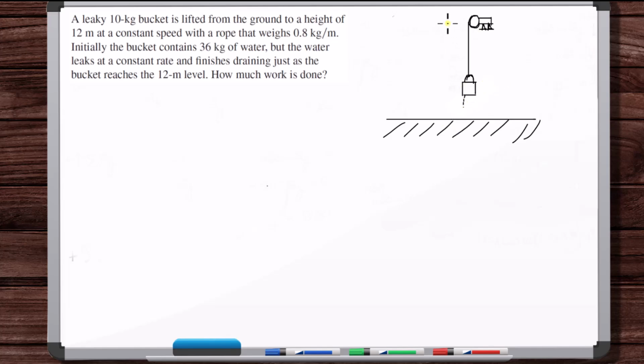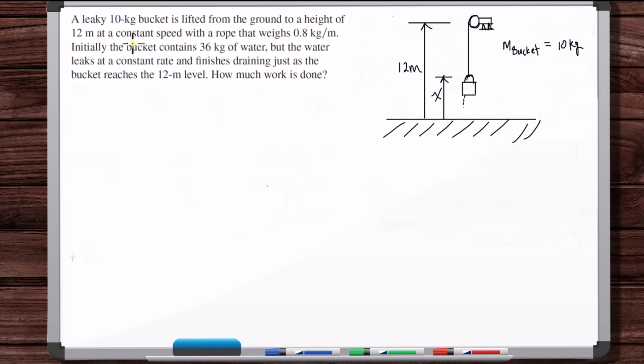And so let's say you're trying to lift the bucket to 12 meters. The mass of the bucket is 10 kilograms. All right, the rope weighs 0.8 kilograms per meter. And let's just call this x. That's the height of the bucket. It starts at 0 and it's going to 12.